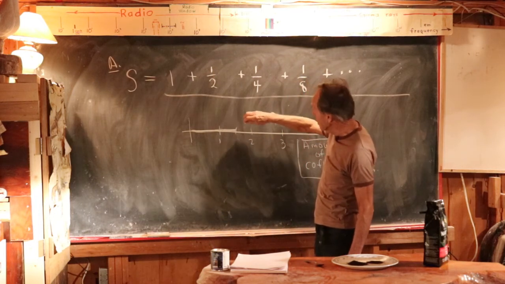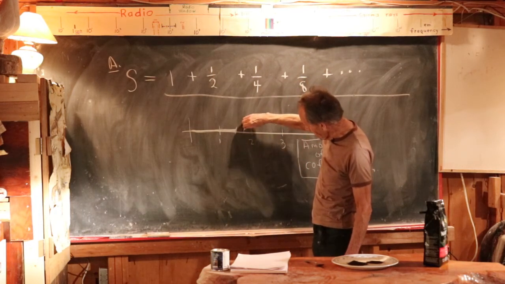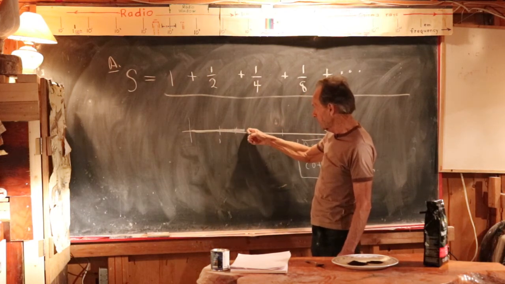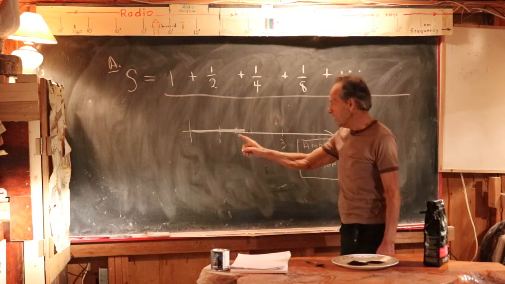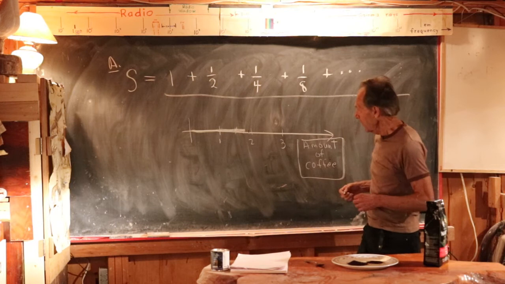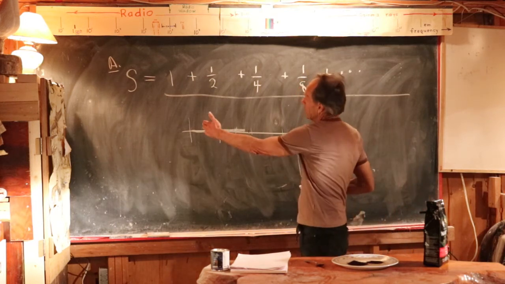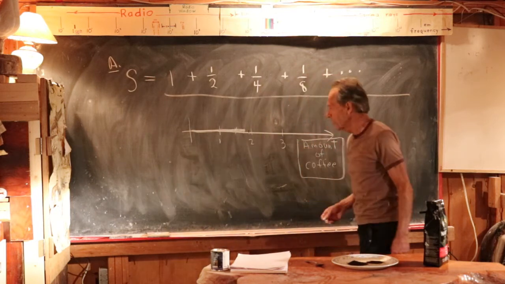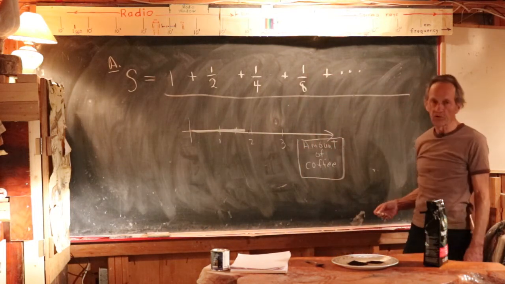And then I add on 1/4, so that puts me there. And you can probably see what's going to happen. The next time is going to be in there, and each time I divide the remaining portion into 2. And probably you can see that's going to approach 2. If I keep going on and on, the sum will eventually approach 2.